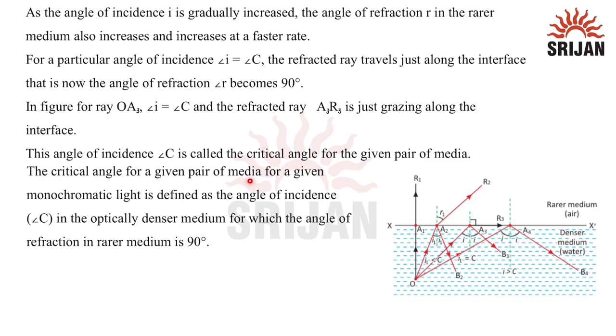The critical angle for a given pair of media for a given monochromatic light is defined as the angle of incidence in the optically denser medium for which the angle of refraction in the rarer medium becomes 90 degrees. This is the definition that you will write if the question is asked about what the critical angle is and how you will define it.